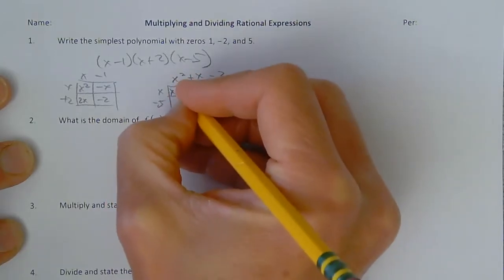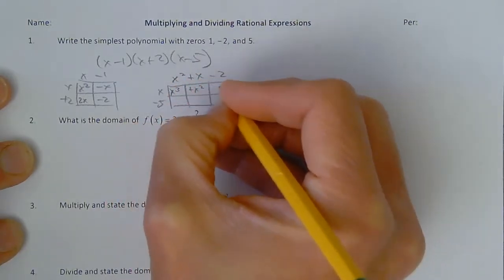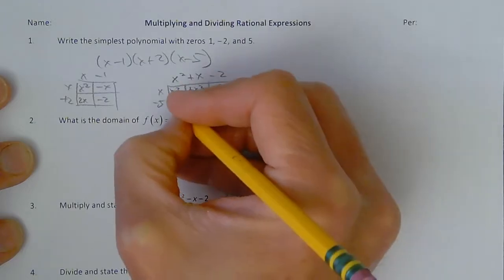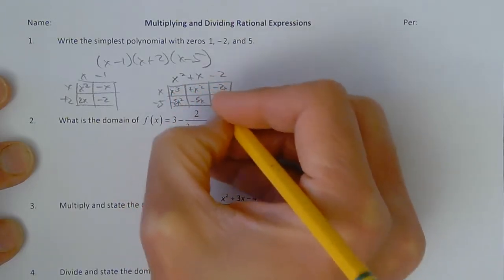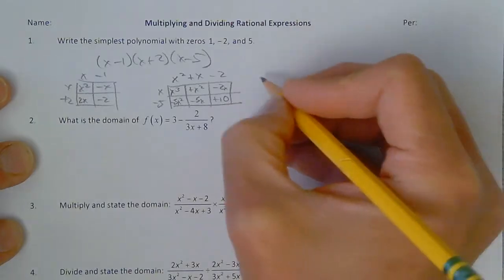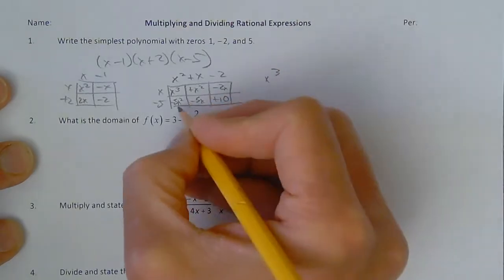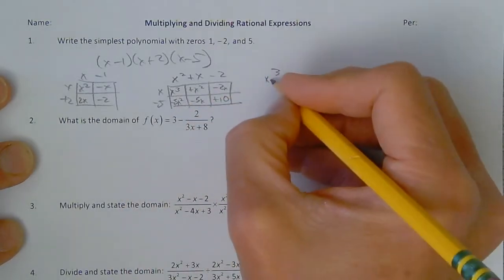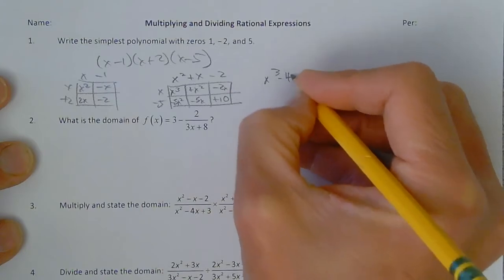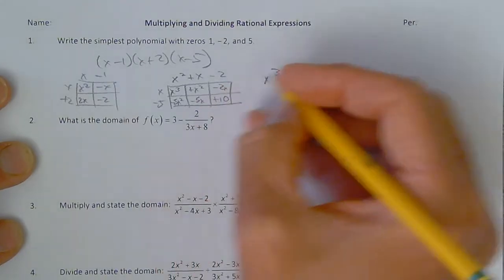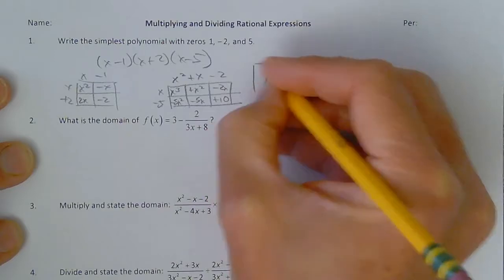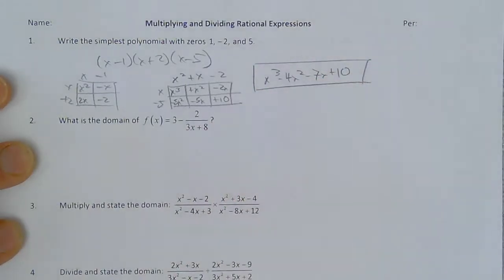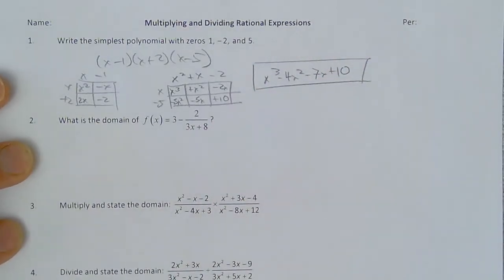Gives us an x cubed plus x squared minus 2x minus 5x squared minus 5x plus 10, which gives us an x cubed minus 5x squared plus x squared is minus 4x squared, minus 5x minus 2x is minus 7x, and plus 10. So there is the answer in its expanded form.